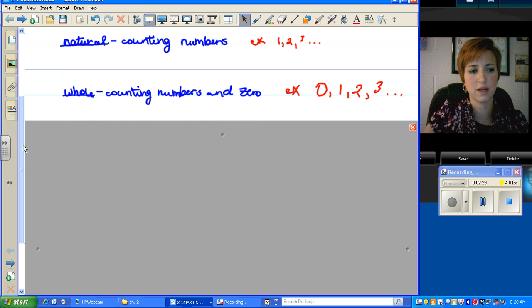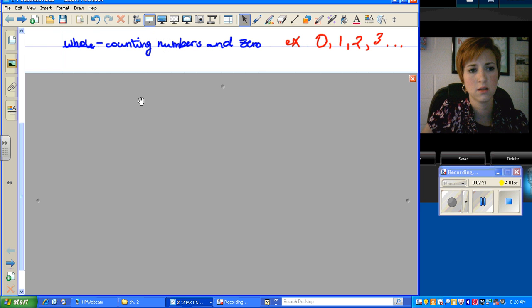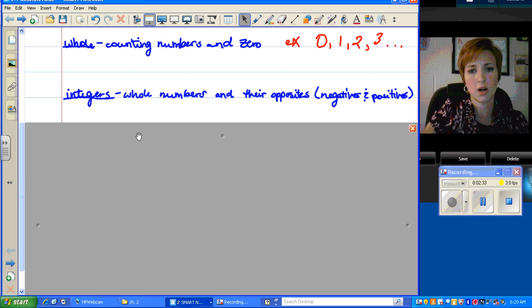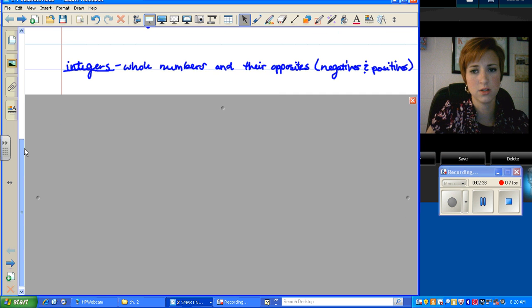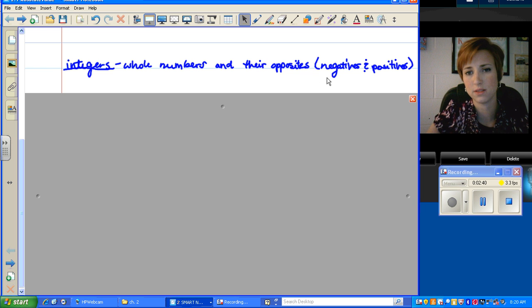And now our integers are next. Integers are whole numbers and their opposites, which means we're going to have negatives now. So positive and negative numbers.